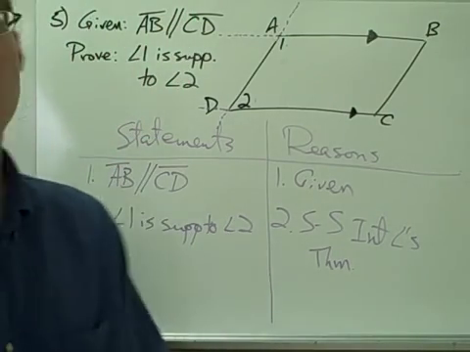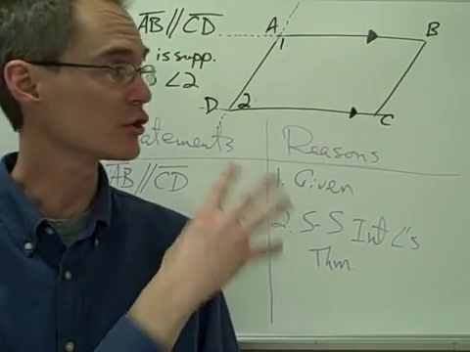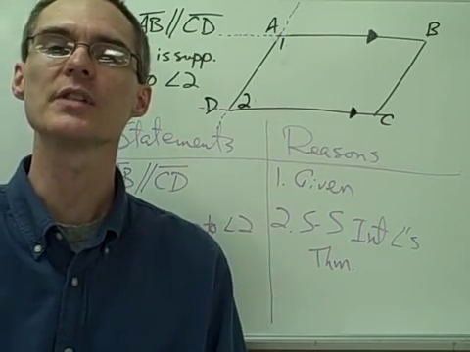Now you've got 2 more examples in your notes, and I want you to take a look at those and see if you can construct the proofs for those next 2 examples, and we'll take a look at those in class tomorrow.